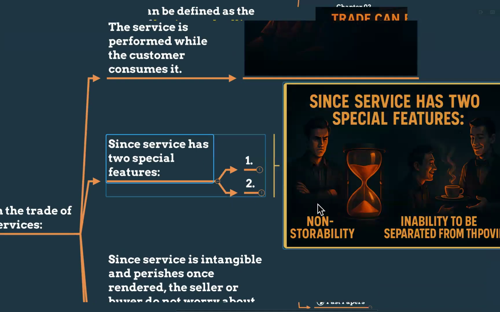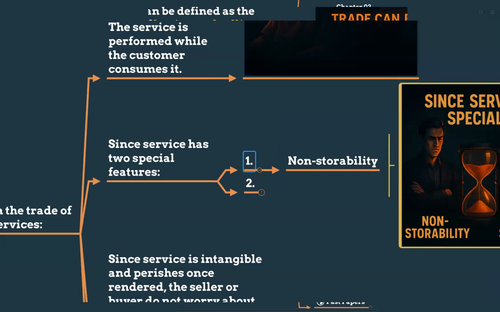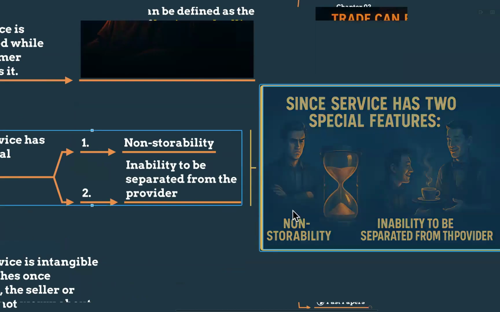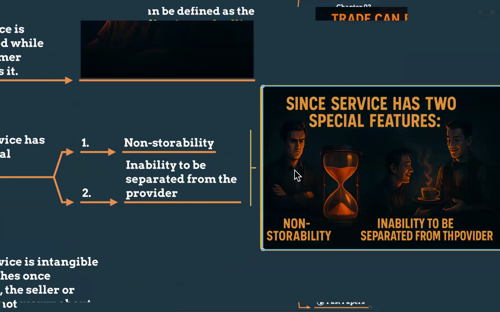Since services have two special features, that is non-storability as well as inability to be separated from the provider. Non-storability: you cannot store a service. And inability to be separated from the provider: if you're giving tea as a product, yes, once you consume it, that's finished, but you can't do something like that with a service.